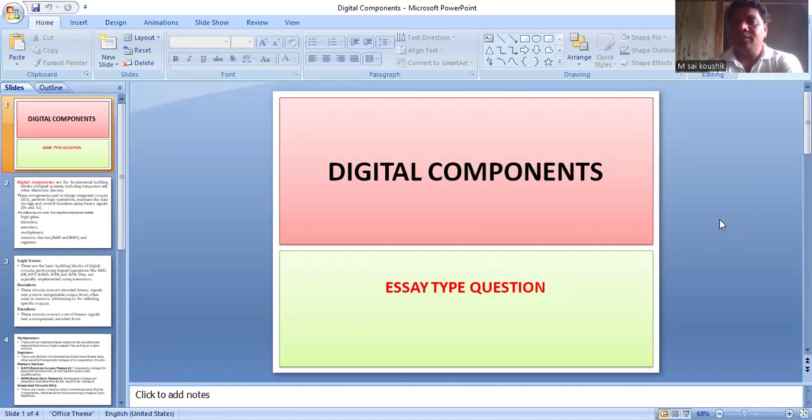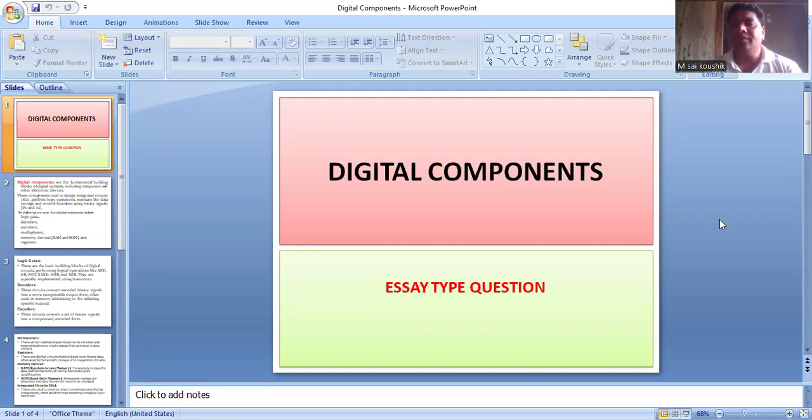Today we're discussing digital components. In the beginning of this class, we can simply discuss computer organization.